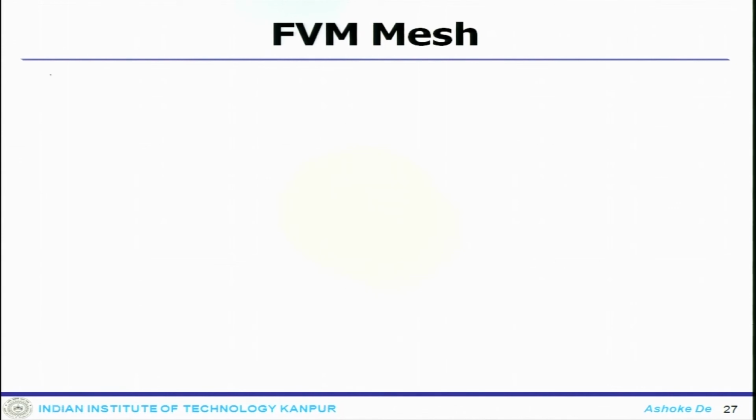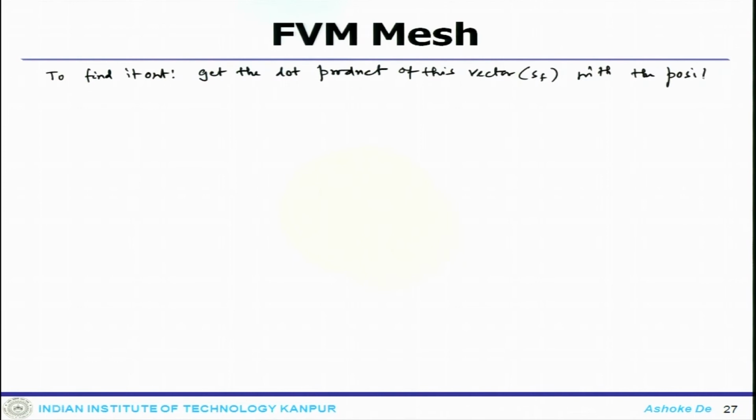Now, to find that out, one has to get the dot product of this vector, that means the surface vector, with the position vector.